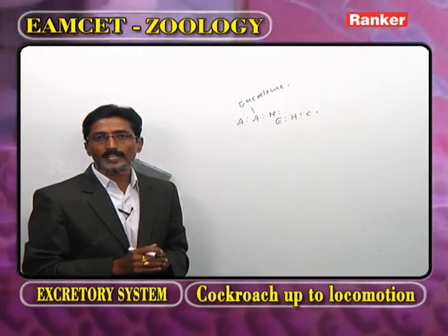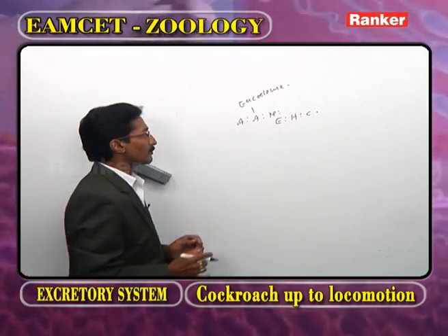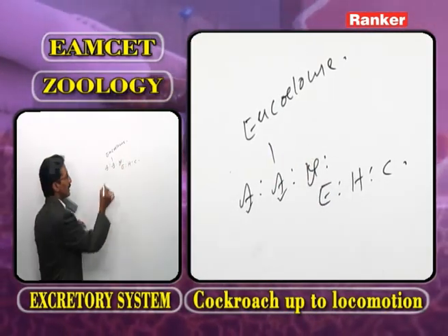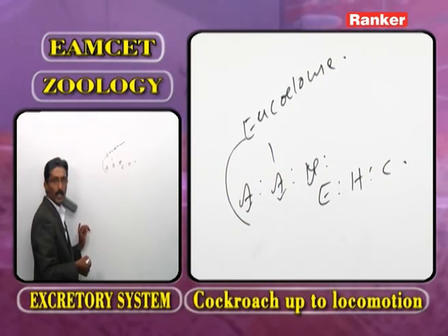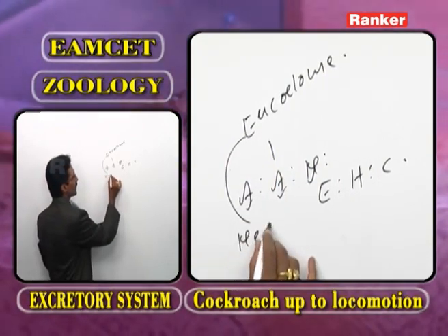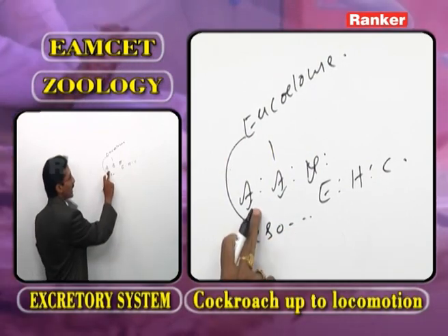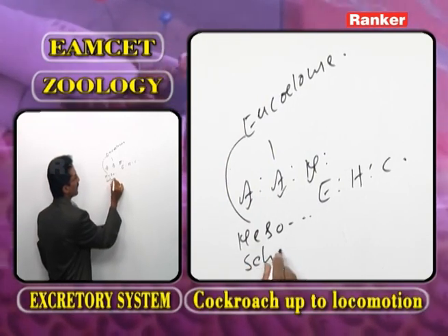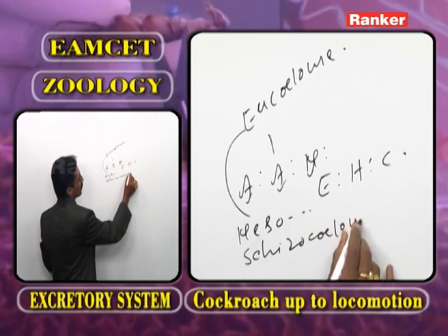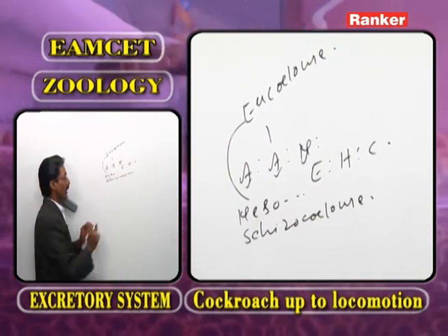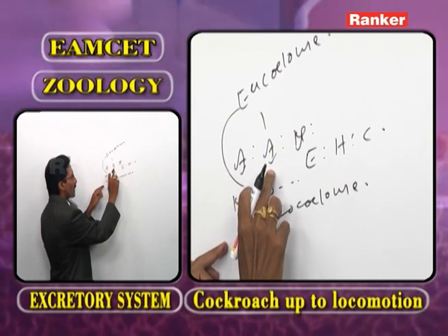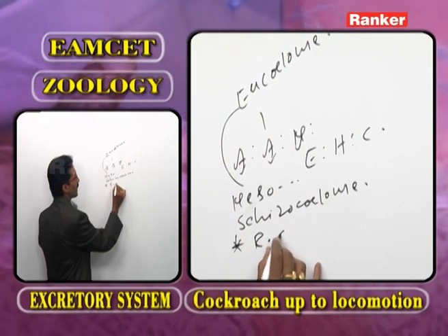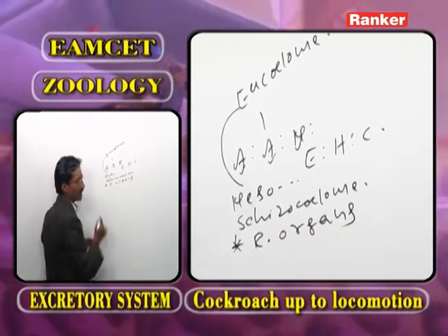The coelom is covered externally and internally by mesodermal epithelia. Now in Annelida, Arthropoda, Mollusca, the eucoelom is formed by splitting of mesoderm. So in Annelida, Arthropoda, Mollusca, the coelom is called the schizocoel. Now regarding the EAMCET point of view, in the body of Arthropoda, the schizocoel is confined mainly to the reproductive organs.